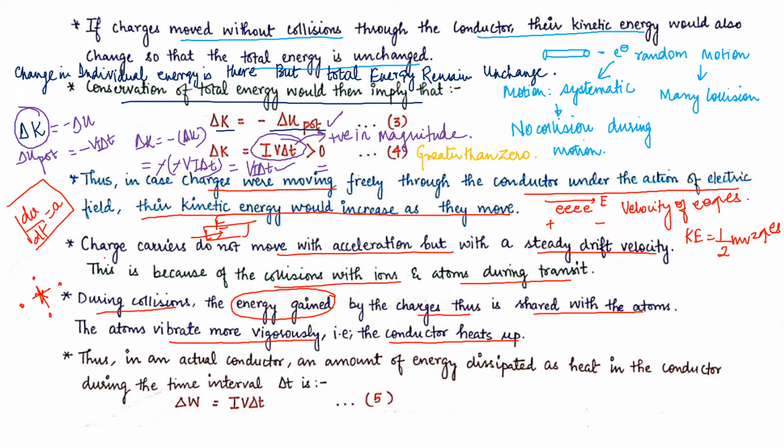Once a bulky conductor gets heat, it's a very cumbersome process to reduce the heat of the bulky conductor. That's why a short conductor or a thin conductor is used in our electrical circuit. Why so?